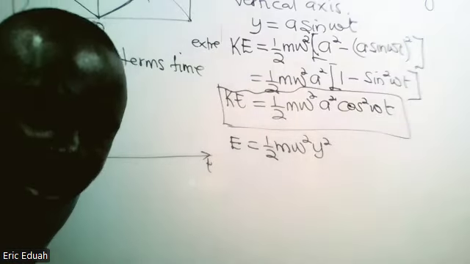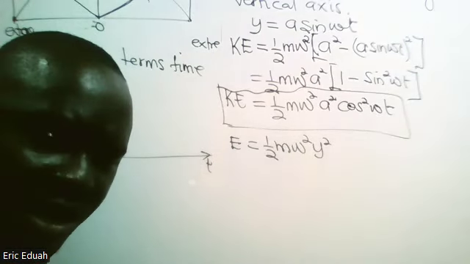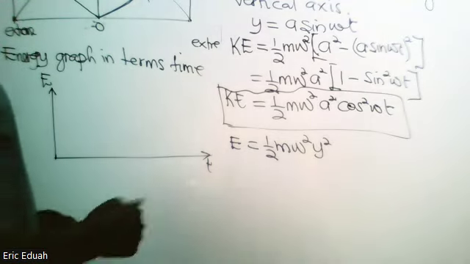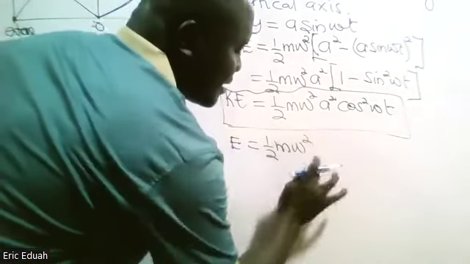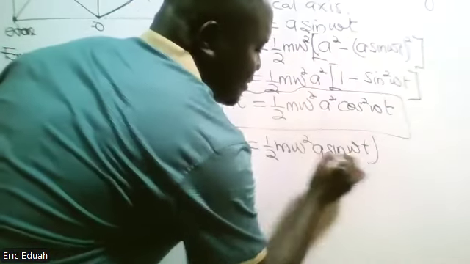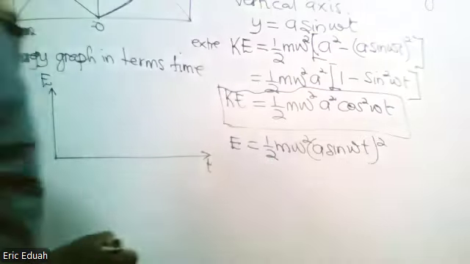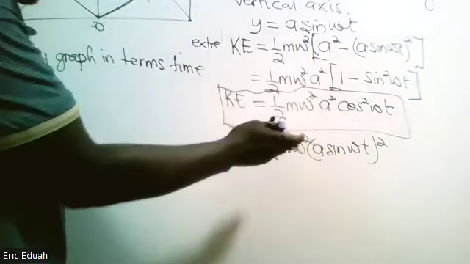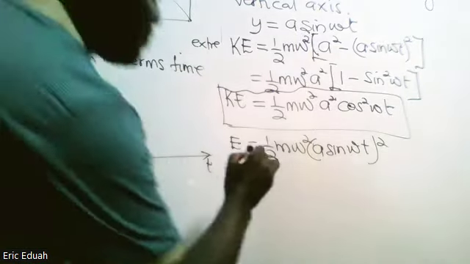Since we are looking at oscillation along the vertical, y squared will be a sine omega t all squared, meaning we are only substituting the trig function of y there, just as we did for kinetic energy.